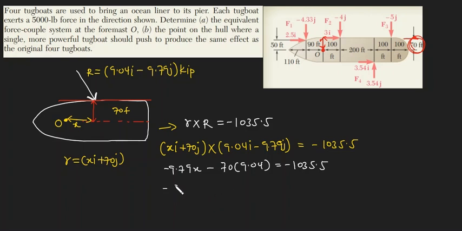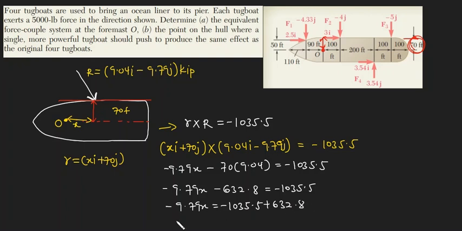So we have minus 9.79x, minus 70 multiplying 9.04, this will give us a value of minus 632.8. This will be equal to minus 1035.5. So let's simplify this. We have minus 9.79x. This will be equal to minus 1035.5 plus 632.8.